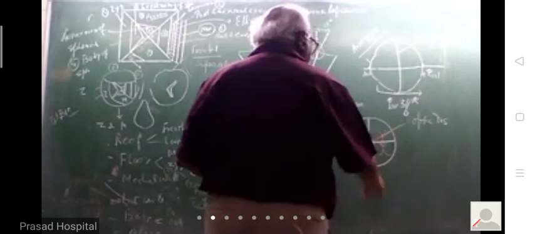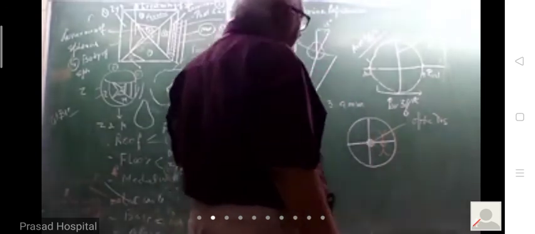So there are 4 quadrants in the posterior wall of the eyeball.